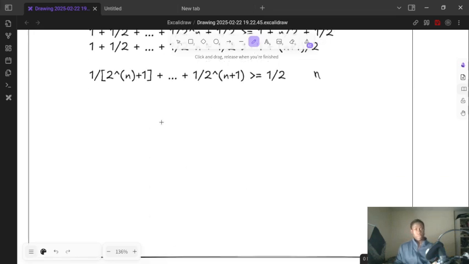Oh wait, no, actually it does work. No, because you're trying to go to n plus 1. So if you start at n equals 0, you're going to have 1 plus 1 over 3 plus 1 over 4.